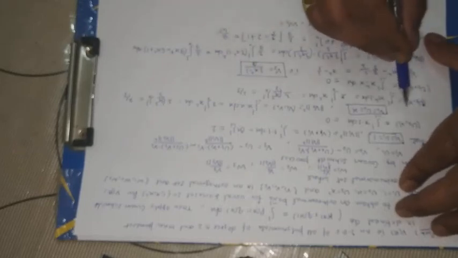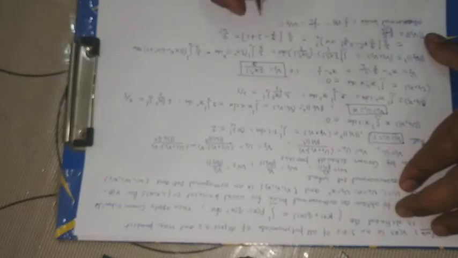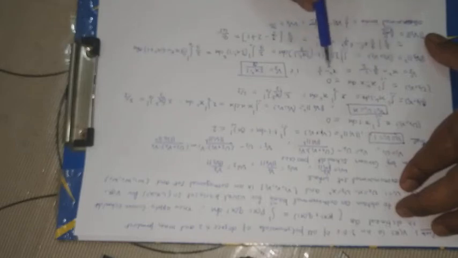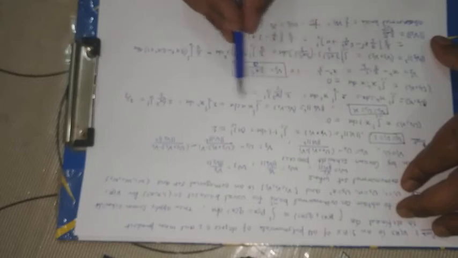That is, W2 is equal to V2 upon V2 norm, where the value of V2 norm square is under root 2 by 3.